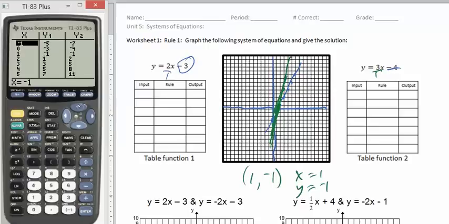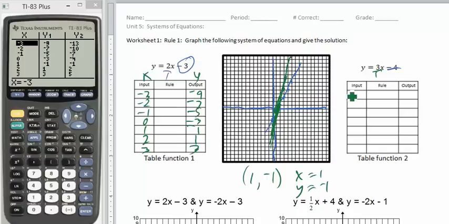Now if we actually look at these tables, if we were going to do this by hand without a calculator, we could draw it like this, or we could do our little input-output table. Remember, input is x and output is y. So if our input is -3 and our output is -9, -7, -5, -3, I'm just getting this from this row right here, 1 and 3.